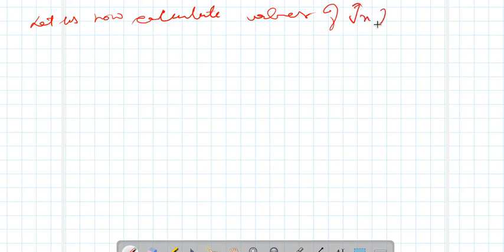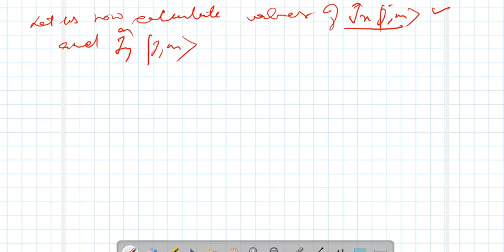So let us now calculate values of this Jx |j m> and Jy |j m>. So to calculate these values, let me consider this.